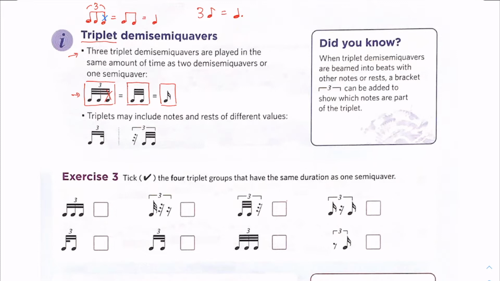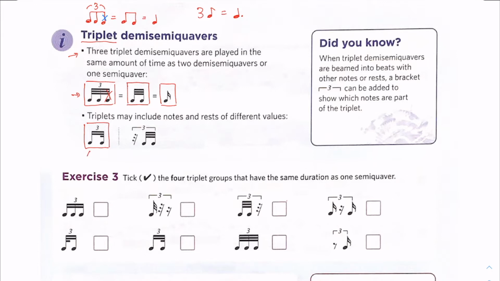Now, a triplet may include notes and rests of different values as well. For example, let's take a look at this one. There are only 2 notes here, so why is it a triplet? Now you see that the first note here is a semiquaver.